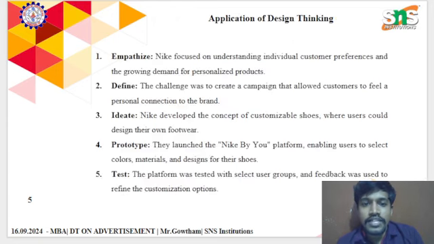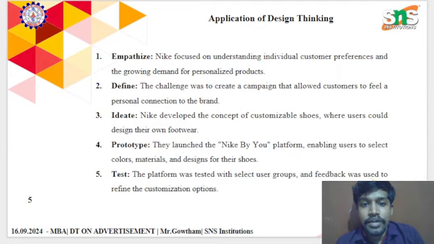Next is the application of design thinking. What kind of application suits the problem? First, empathize: we empathize with customers, focusing on understanding their preferences based on demand and products.